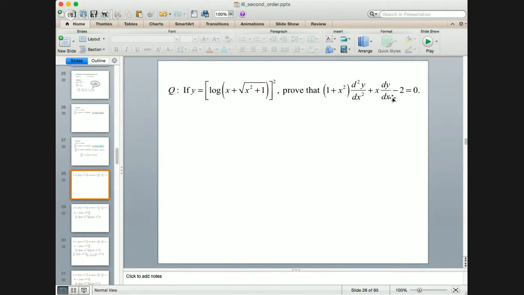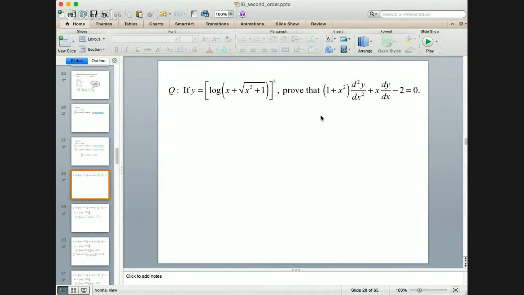Now, in this expression, you will find first and second order derivatives both appearing. And there are two different ways of dealing with this question. I'll try to elaborate on that as we go along. But to begin with, none of the methods would work unless you first find what is dy by dx, right?